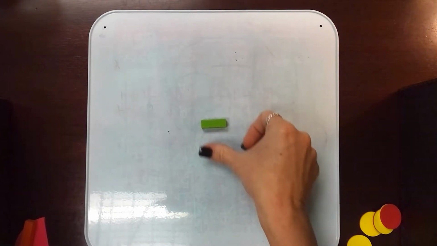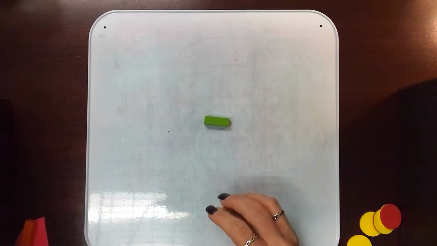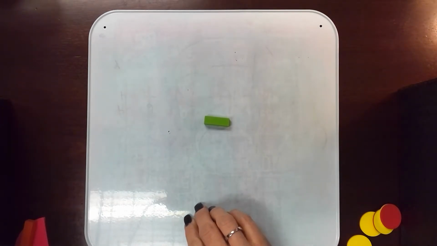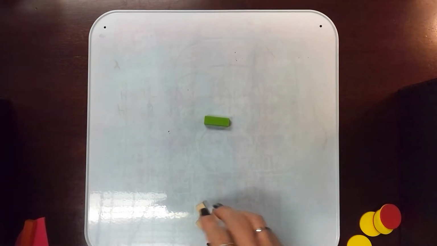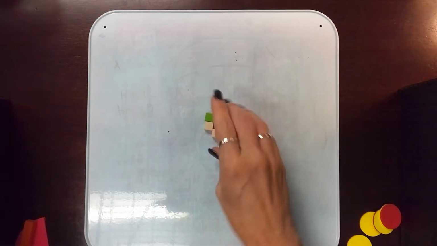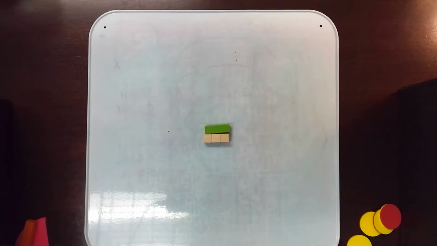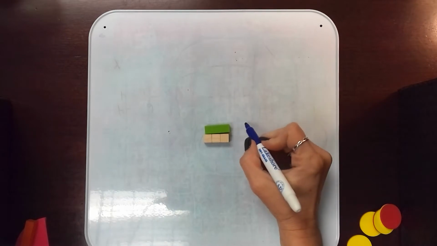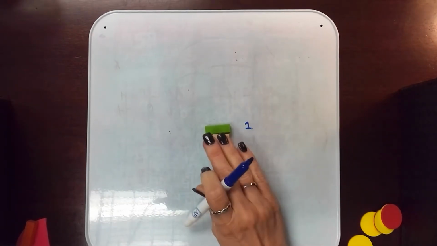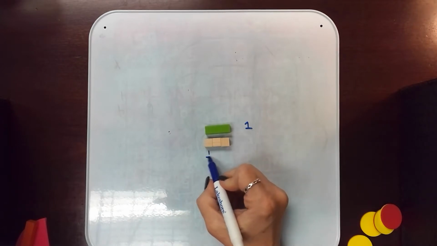And we have to learn thirds, so we're going to do this one. So I could say, boys and girls, I have the green rod. I want you to find out what is 1/3 of the green rod. And so students would play with the Cuisenaire rods, and hopefully they come up with this. So you told me that if this is 1, then what would this fraction be? It would be 1/3.